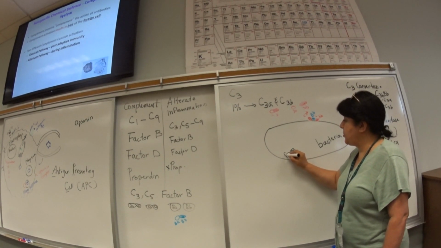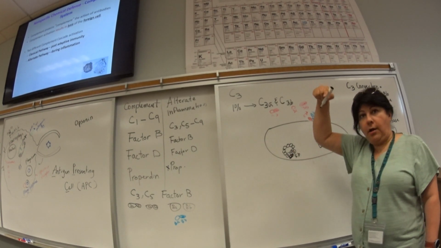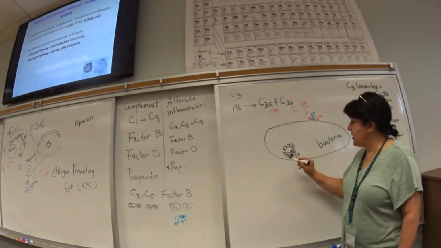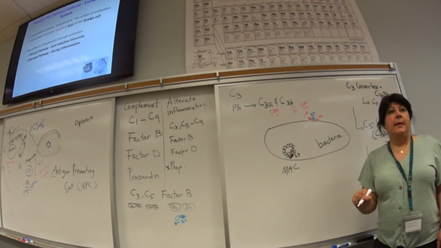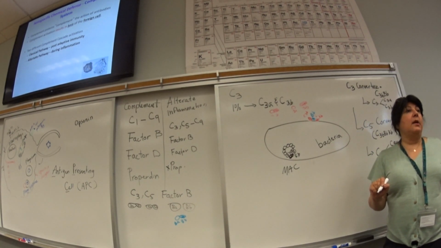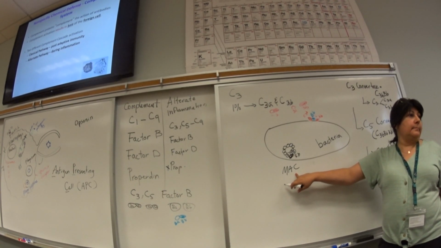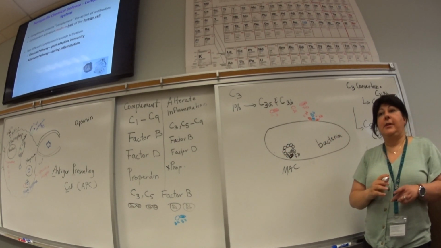That C8 will attract a number of C9s. They all insert into the membrane of the bacteria, attach together, and create what we call a MAC, membrane attack complex. There's a MAC attack. This pokes a hole, and the bacteria lyses.